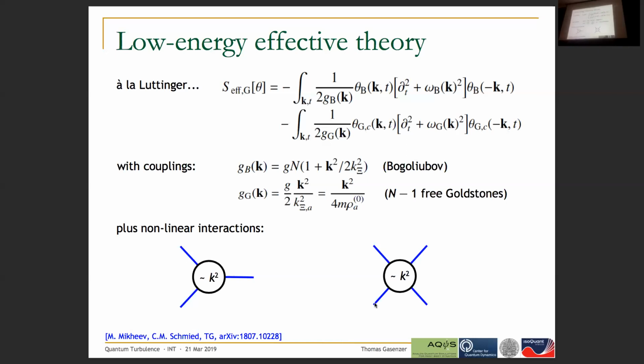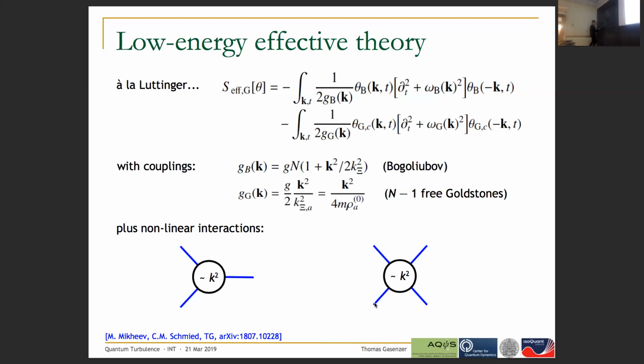What I expand around is, remember, I write down psi as the square root of rho, and then there's a fluctuation delta rho. So this is the rho 0, which I expand, times eta and so on.